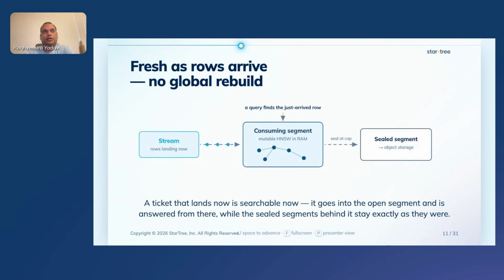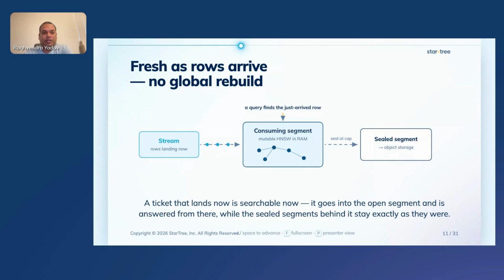So how does it work? As soon as the data lands, as streams are landing in a data lake, or let's say we are running a real-time table, we create a consuming segment which creates an in-memory version of the vector indexes.